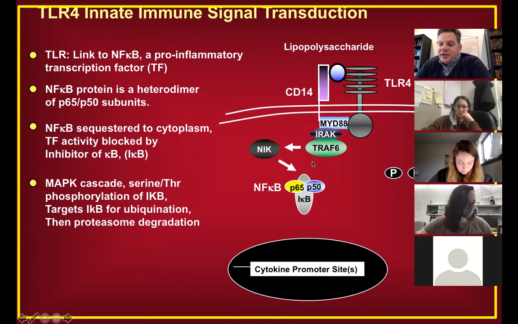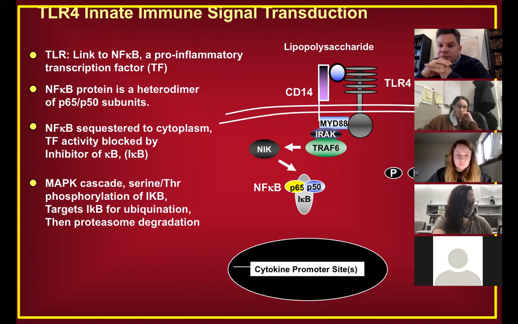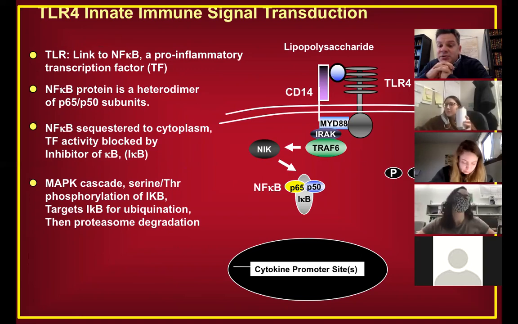What this does is phosphorylate this I-kappa B. Now, it turns out that NF-kappa B is sequestered to the cytoplasm. You guys probably know this, hopefully, that in order for a transcription factor to be active, it has to be able to get into the nucleus. And what does it need to get into the nucleus?